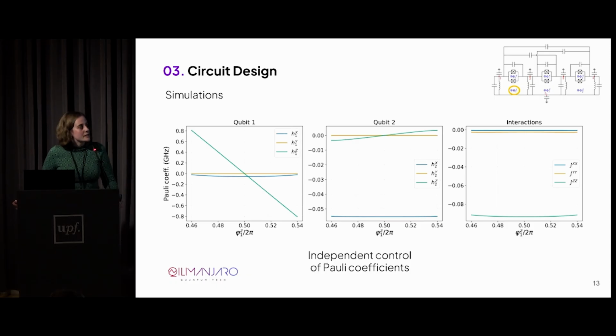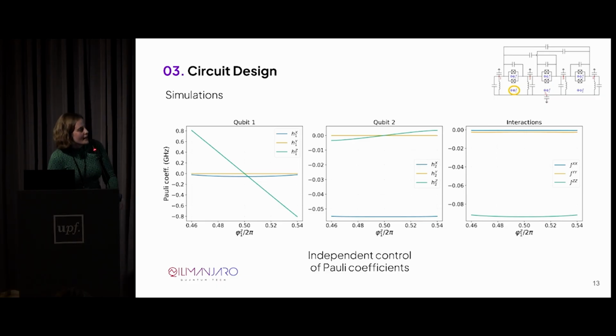And I'm saying this because if you look at the first plot, you can see how while we tilt the qubit, the interaction strength remains constant, which is in that plot here.